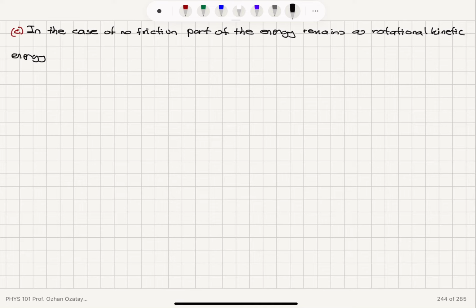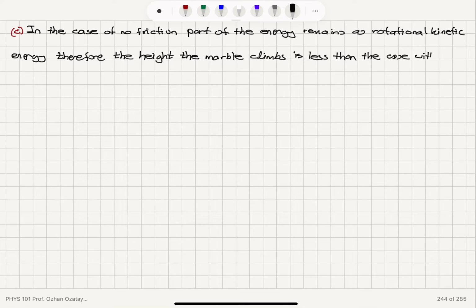Therefore the height the marble climbs is less than the case with friction, because with friction at the end I have all of the kinetic energy turning into potential energy.